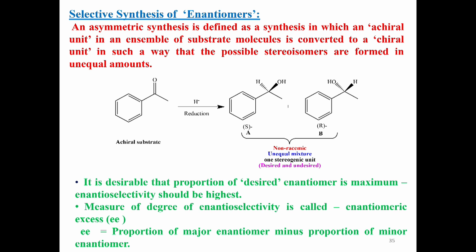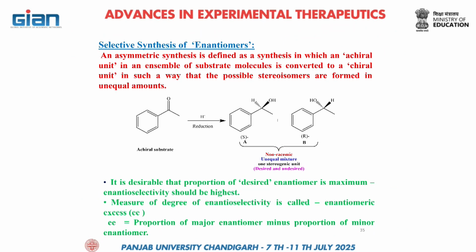So if you try to add any group on it, that group can either attack from the upper plane or from the below plane. In a simple reaction, if this is the carbonyl group and you are adding hydride ion on it, the hydride ion can attack from the upper plane or from the lower plane.